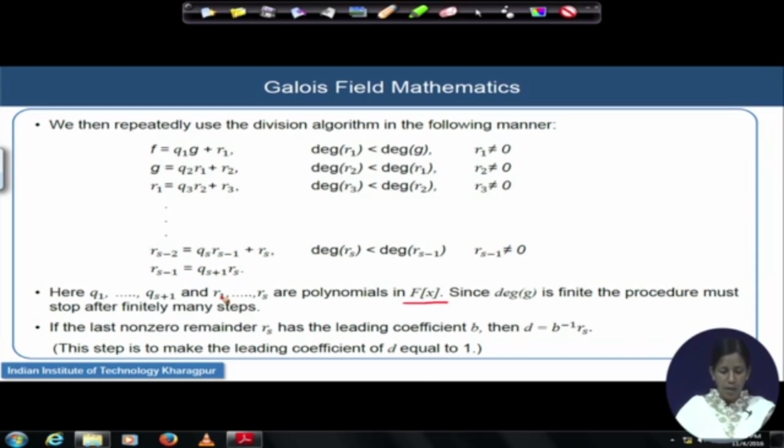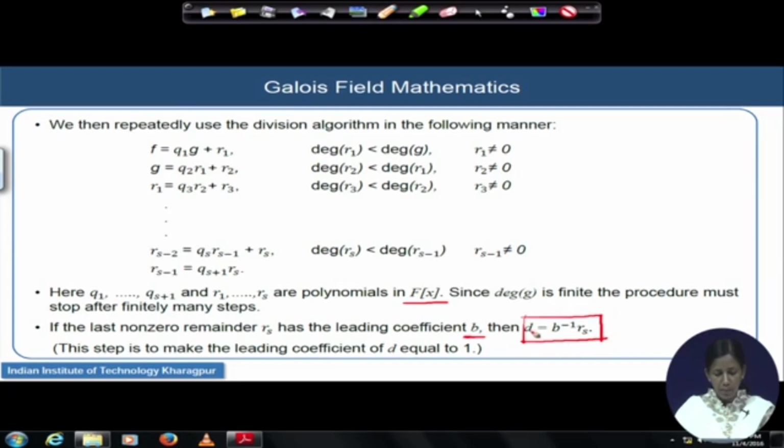If the last non-zero remainder, this rs that you are getting, has a leading coefficient say b, then the greatest common divisor d will be equal to b to the power minus 1 into rs.